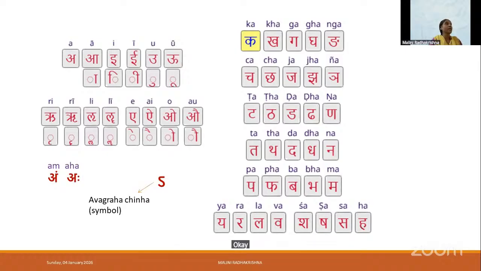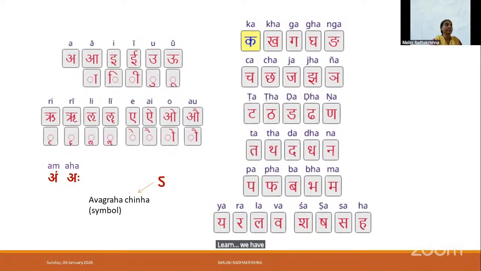These two letters, r and r, are usually used in Vedic texts. In our common language, these letters are very rarely used. They are mainly used in Vedas and a few of the stotras that we learn.